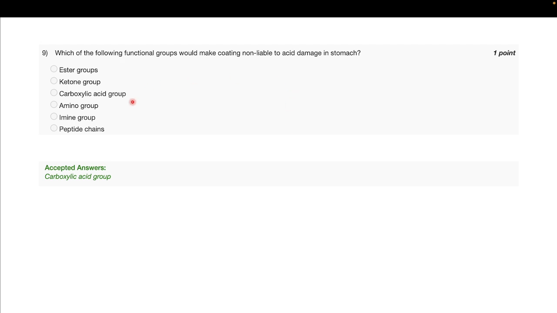That is done by your carboxylic acid groups, because at the pH in the stomach, all your carboxylic acid groups will be insoluble. So they will protect your drug which is encapsulated into these polymers. Is it clear?